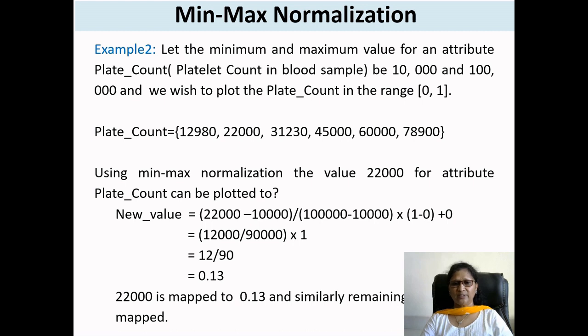So 22,000 is mapped to 0.13. So we computed for one of the attribute values, that was 22,000. Similarly, we can map each of these values using the formula to the new range, that is 0 to 1, and then we can plot platelet count.